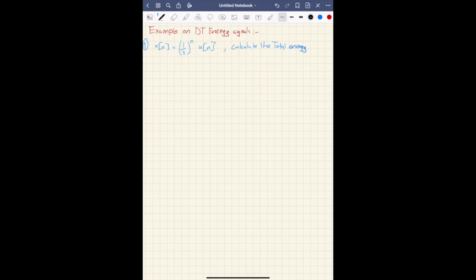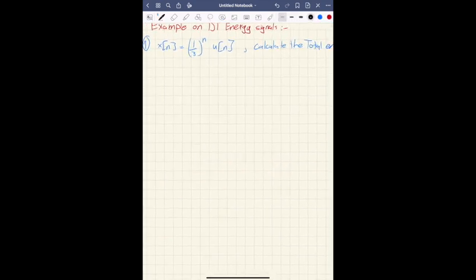First of all, we can start solving this example by stating the energy equation, which is the sum of x of n squared. Then we substitute in order to start solving the equation.